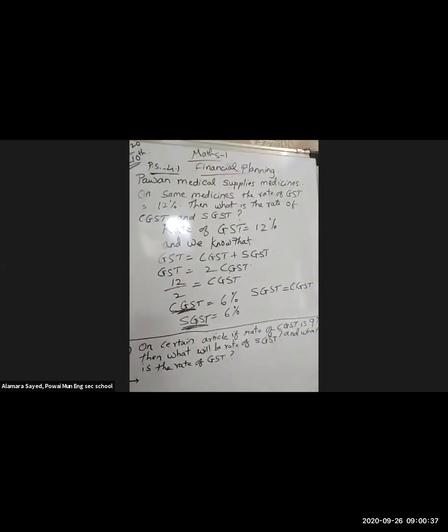So have you understood the first question, students? Pawan Medical supplies medicine. On the same medicines, the rate of GST is 12%. Then what is asked? What is the rate of CGST and SGST? We know that GST is equal to CGST plus SGST, and GST is twice CGST.